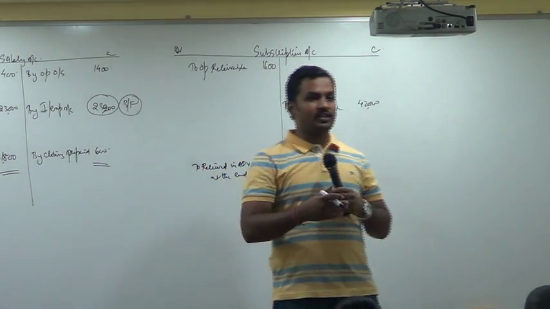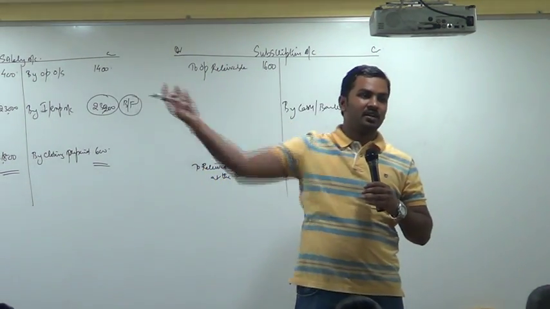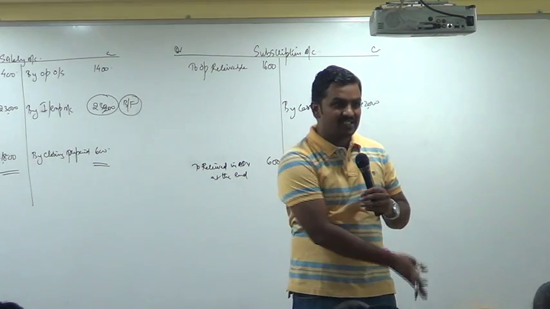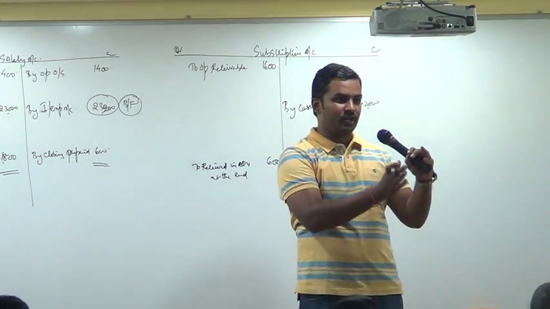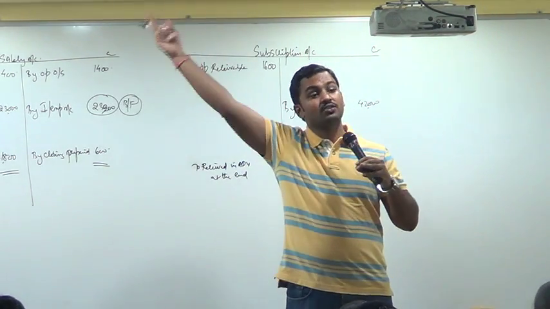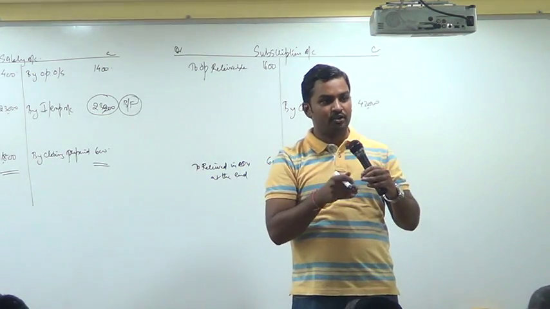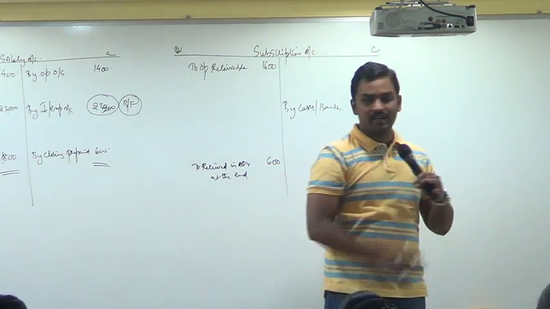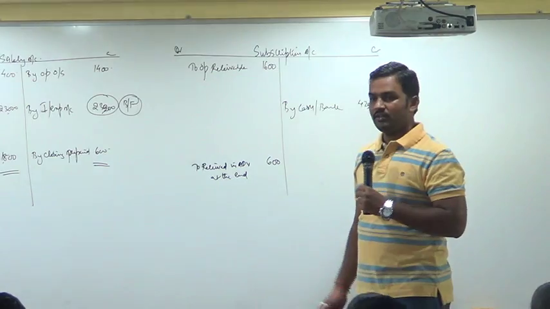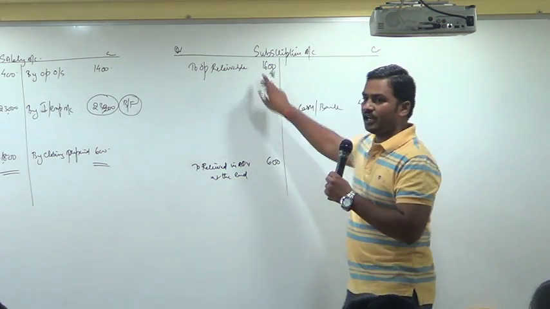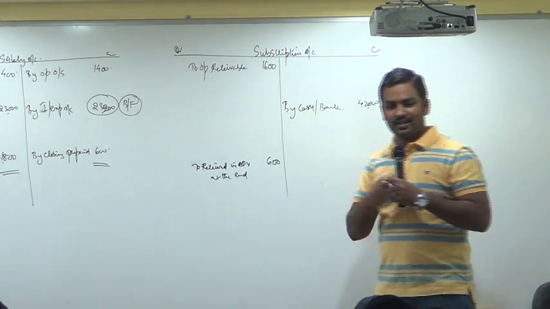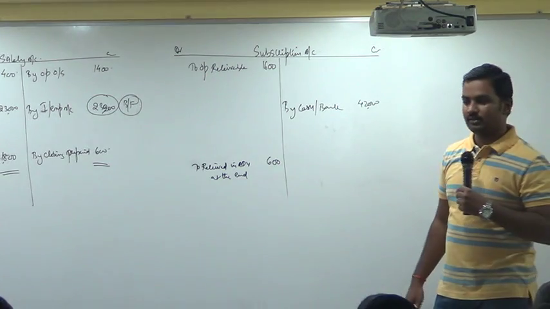See, out of the amount collected, if you have collected last year's income, it cannot be shown in this year's P&L account. That is what we are saying. Out of 42,000, remove 1600 because it belongs to last year. And then out of 42,000, 600 belongs to next year, so we are removing that 600 also. You wrote this on the credit side, you are writing these two items on the debit side. That means you are removing it.